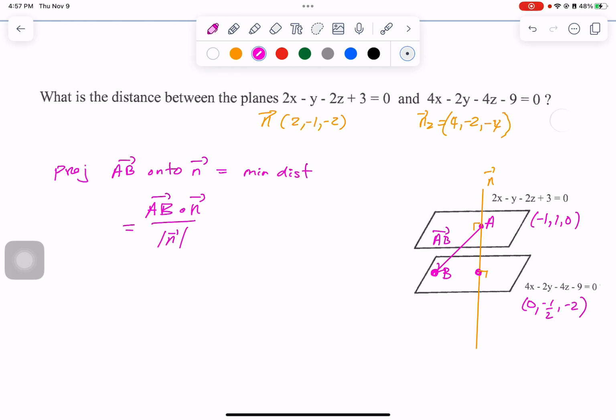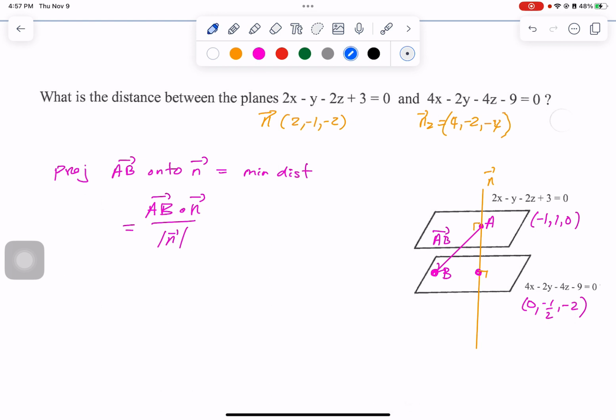Let's see if I did it. So that would be 0x, that would be -1, and then it would be -8. Oh, that's going to be +8, that's bad. No, I was right the first time. So that's going to be +1, that's going to be +8, and the -9 is going to make it 0. Yay, that's a good thing.